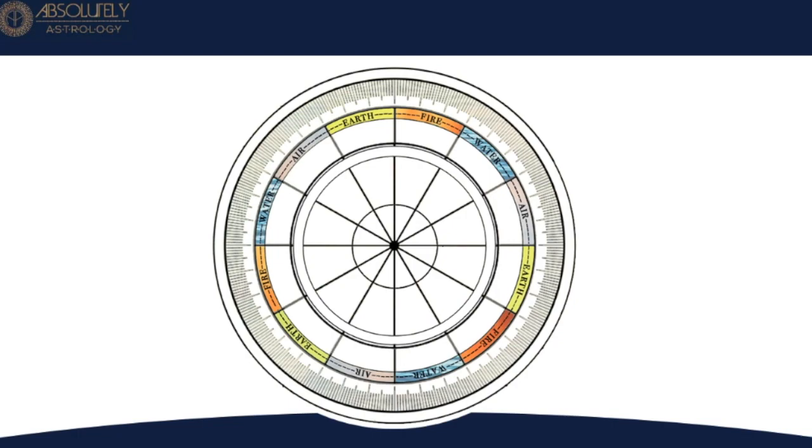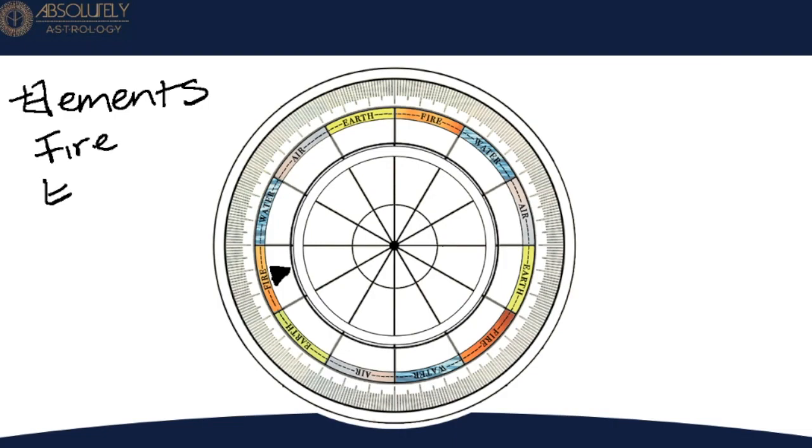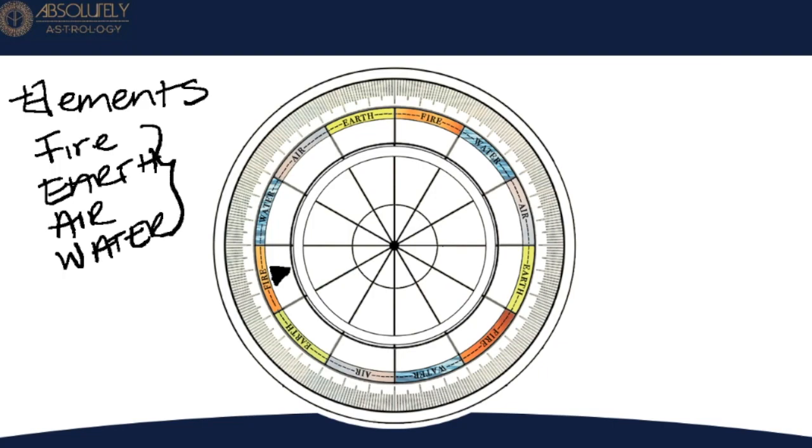And it's so important that you begin to see this because it makes everything else so much more simple. So first we have the elements, okay? And there are 4 elements in astrology: fire, earth, air, and water.